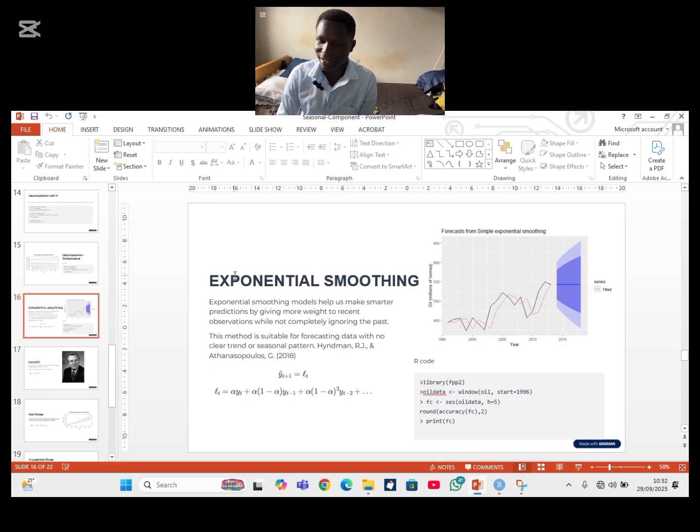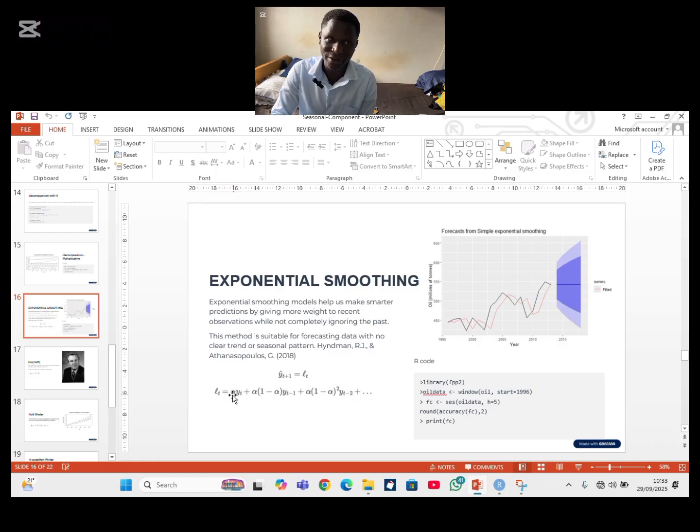And if you notice this formula here, the weight alpha is being multiplied with the recent value at time t. This one represents the value we are estimating, our value at time t plus 1.